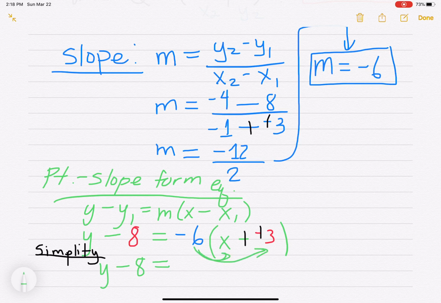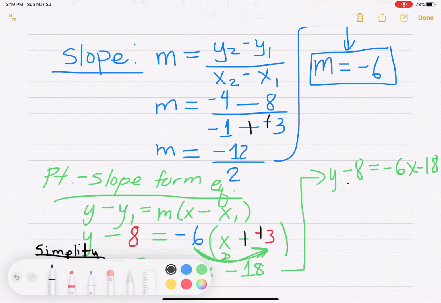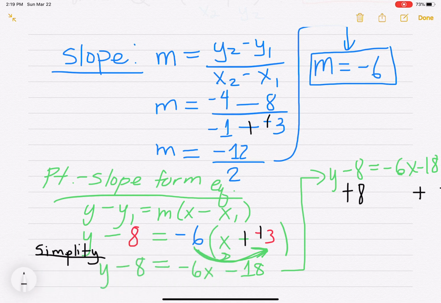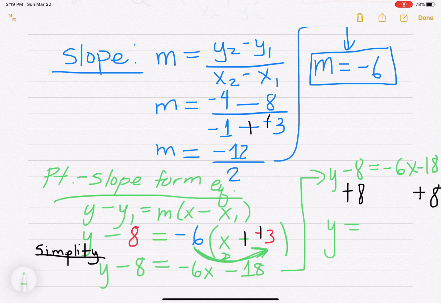We're going to have negative 6x, and then negative 6 times negative 3 is negative 18. That's going to give us an equation of y minus 8 equals negative 6x minus 18. I'm going to add 8 to both sides. When we add 8 to both sides, we get y by itself equals negative 6x minus 10. So here's the equation of the line going through those 2 points.